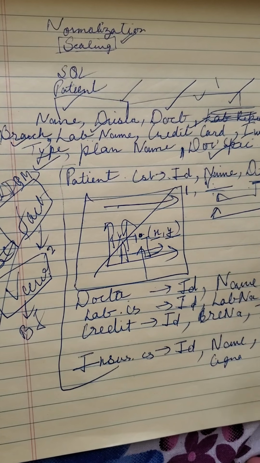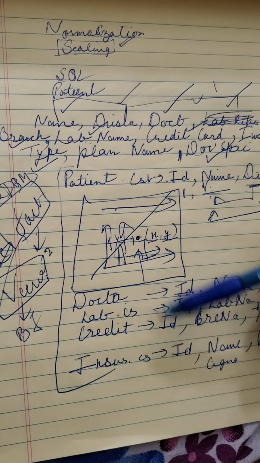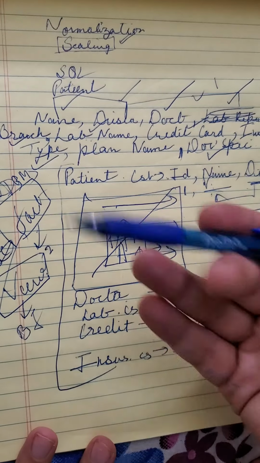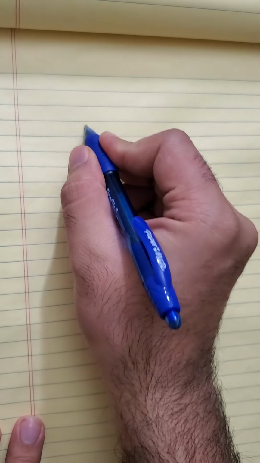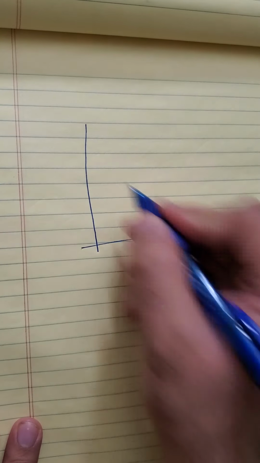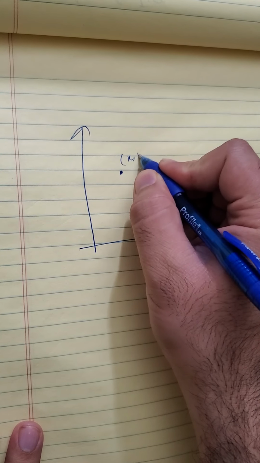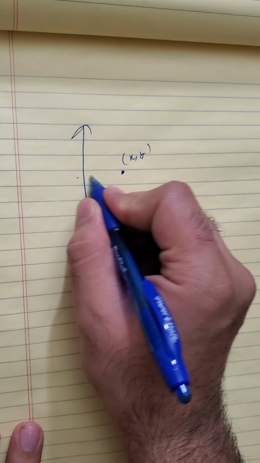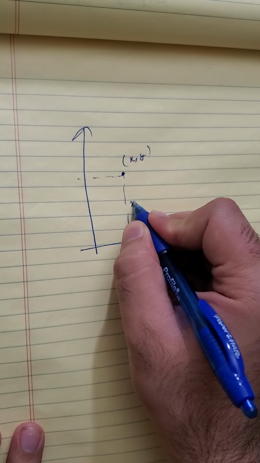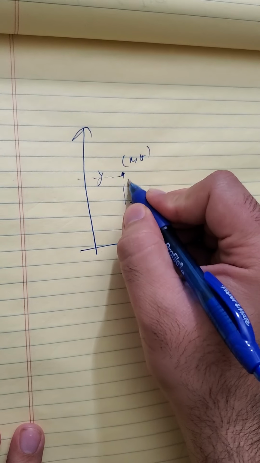Now, coming on to this one, what's going on, why do we call a fact a fact? So I'll just come on to a very basic explanation, just to make sure that you guys get basic coordinate geometry. There is a point x comma y, which means this is x, this is y, this is point 1.